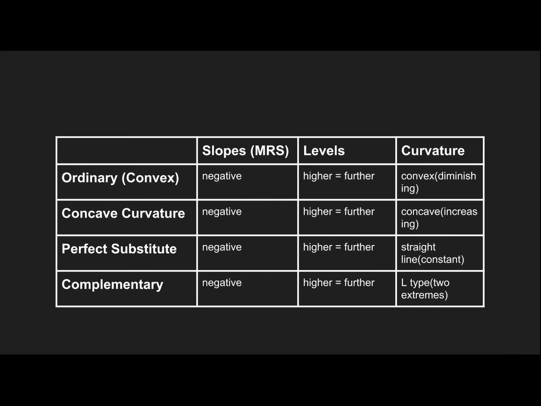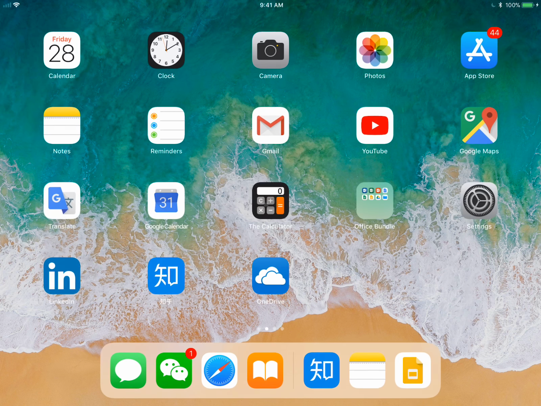If you want to draw an indifference curve, first you want to think, will that be upward sloping or downward sloping? And the next question will be, what are the preference directions? Which indifference curve has higher utilities? And the third question will be, will it be concave or convex? Will it bow towards the origin or away from the origin? Once you answer these three questions, you can draw the indifference curves.